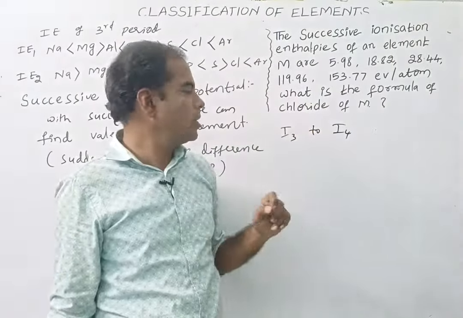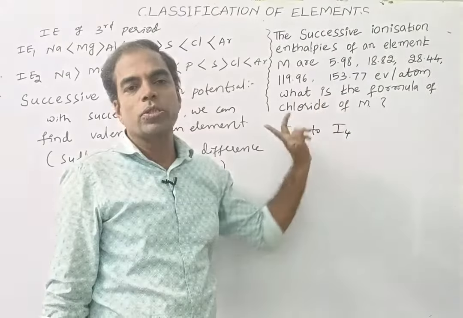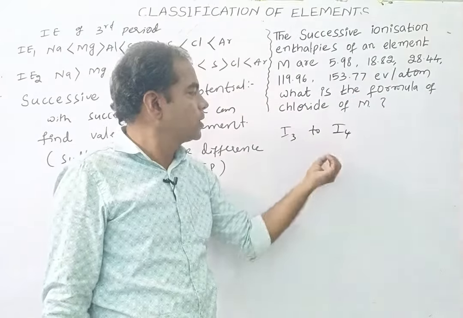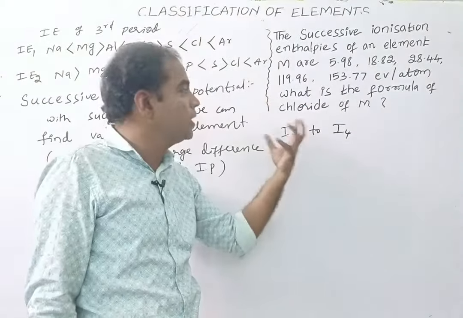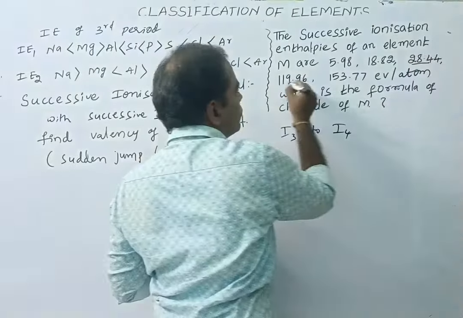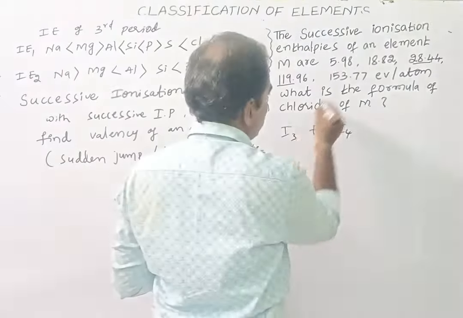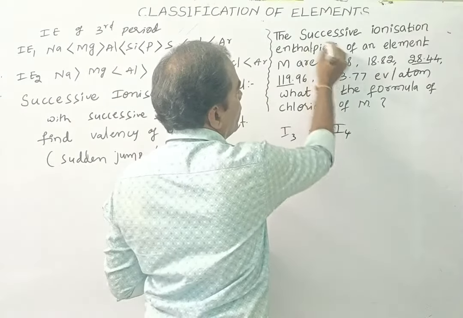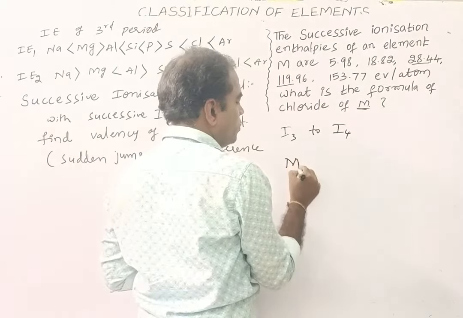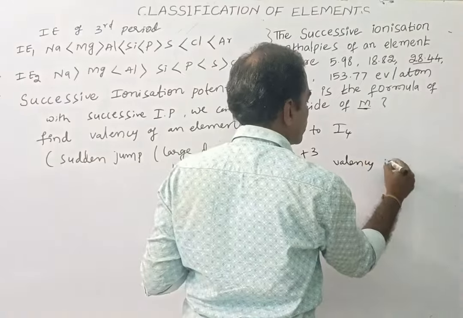Sudden change. That means the atom can easily lose 3 electrons. After losing 3 electrons, it is considered highly stable. Why? Because of the energy difference from 28.44 to 119.96. That means the chloride of M can lose 3 electrons, so the valence is 3.